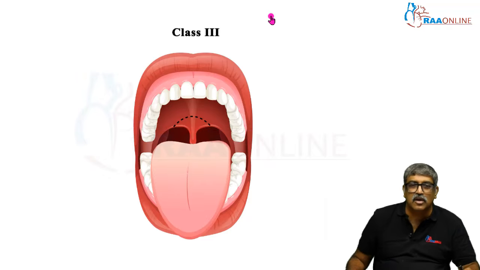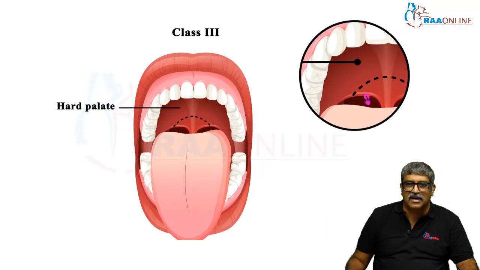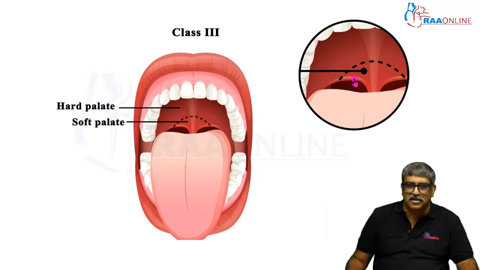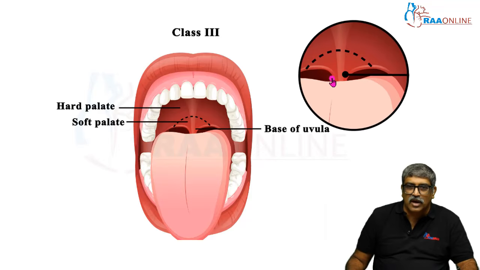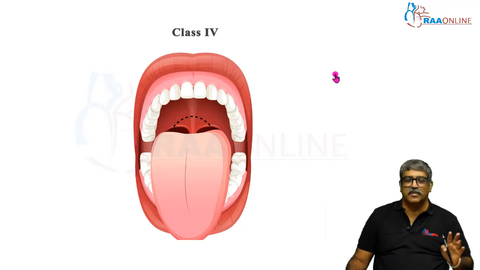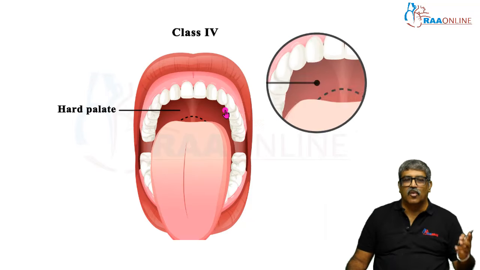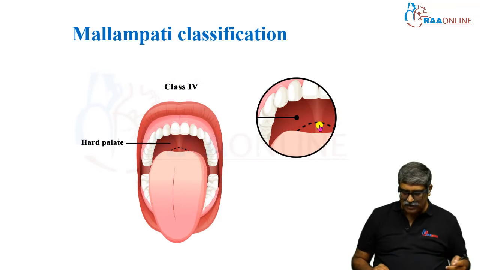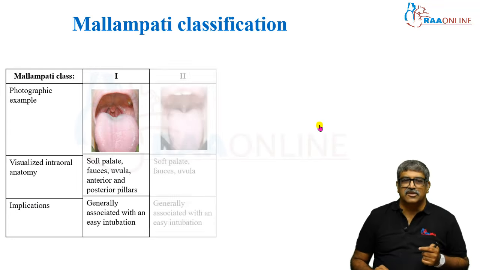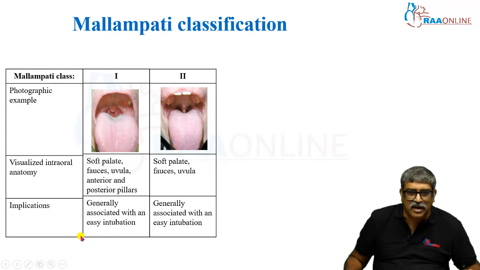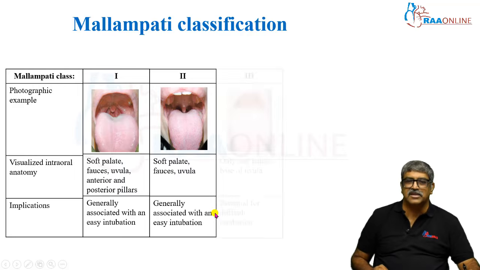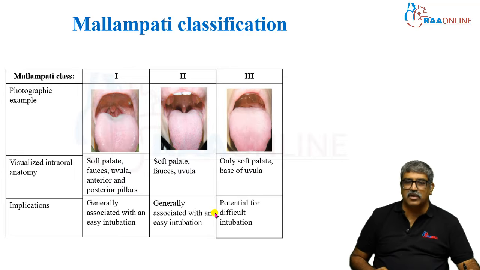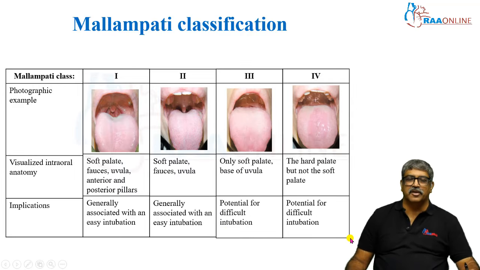This is class 2. Now coming to class 3, as the tongue enlarges, the hard palate is visible, the soft palate is visible, only the base of uvula is visible in class 3. Class 4, only the hard palate is visible. This is Mallampati classification. Class 1 and 2 are usually associated with easy intubation. Class 3 and 4 are associated with difficult intubation.